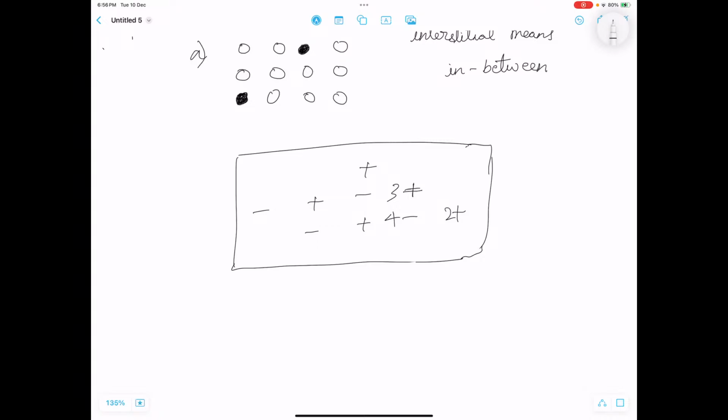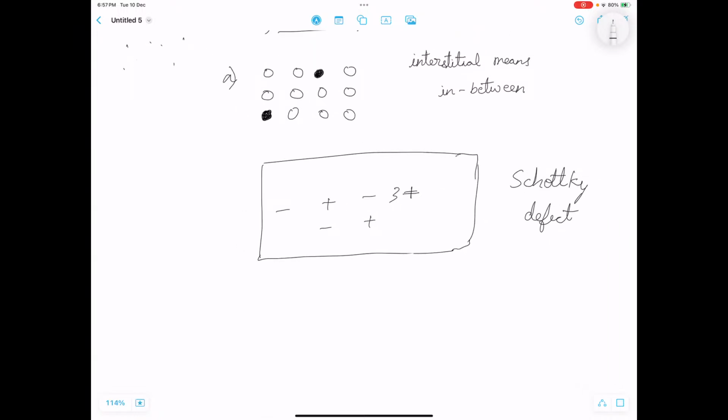And suppose here plus 2 has gone, and suppose I removed 4 minus charge, then these 2 plus 2's have to go together, then only it will balance itself out. This is Schottky. You write it as Schottky defect.